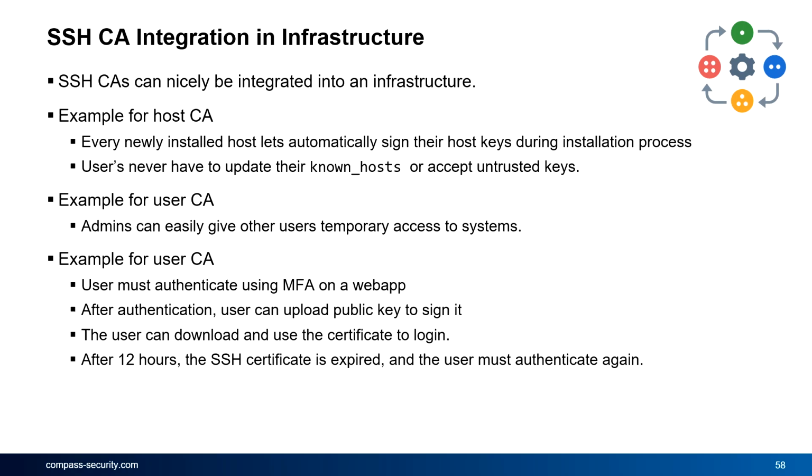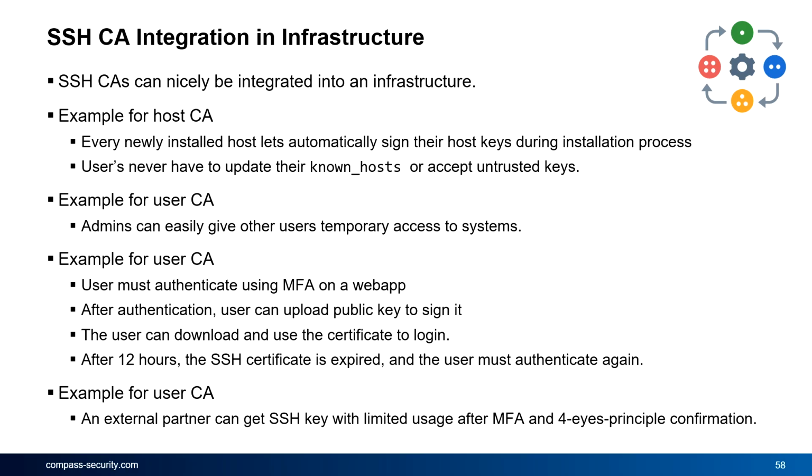The public key will be signed by the web application, and then users can download the certificate and use it to log in on other systems. The certificate could expire after 12 hours or so, and then users have to authenticate again on the web application and get a new certificate.